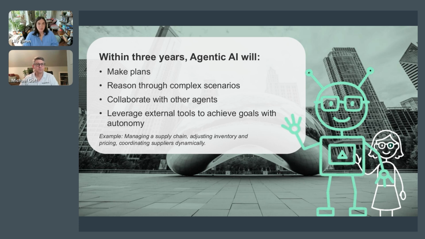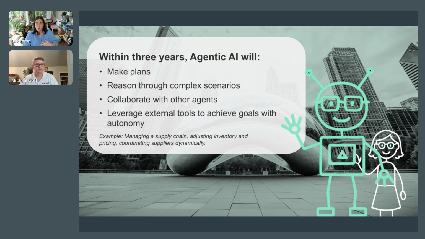From today, we might have agents answering a question by searching a knowledge base or summarizing relevant information. What we will have tomorrow in an agentic scenario is an agent who can manage a supply chain, who can adjust inventory, who can adjust pricing, who can coordinate suppliers, right?